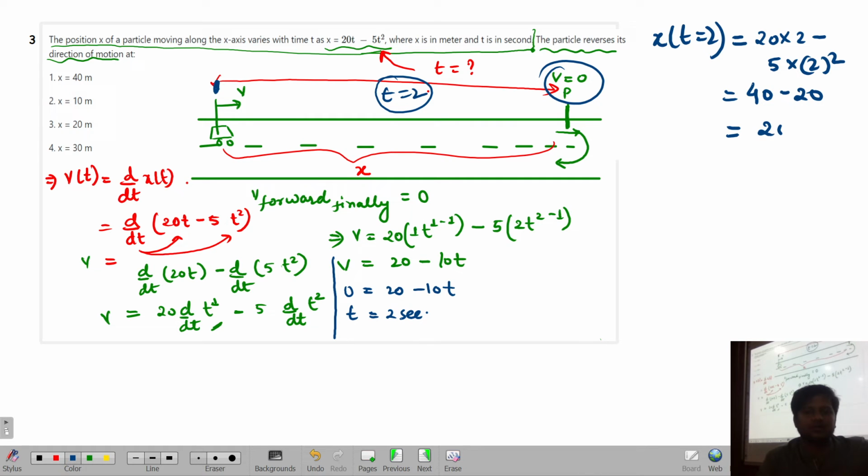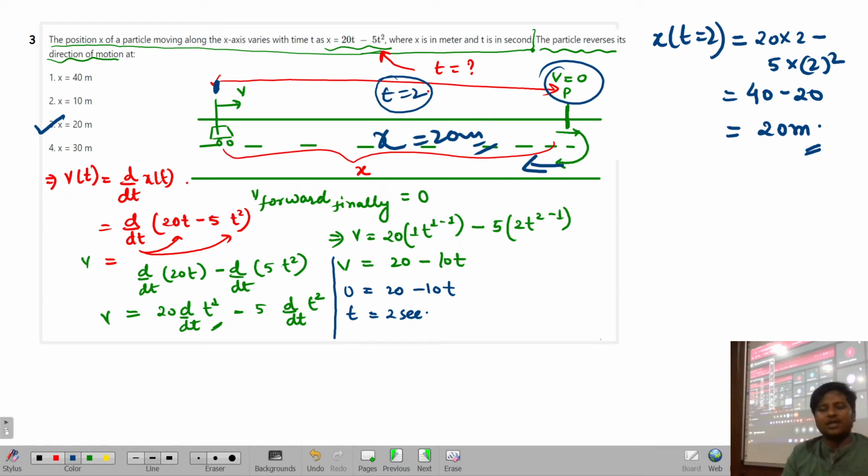The answer is 20 meters. So at displacement x equal to 20 meters, the particle's velocity is going to be 0, and after that the particle will start turning back in the reverse direction. So the particle reverses its motion at distance 20 meters, after time equal to 2 seconds.